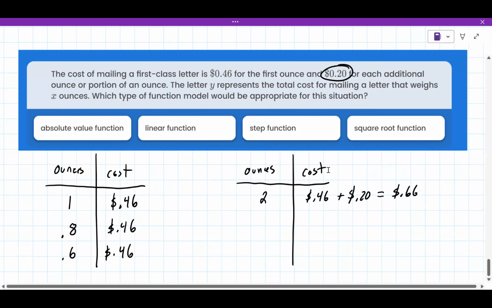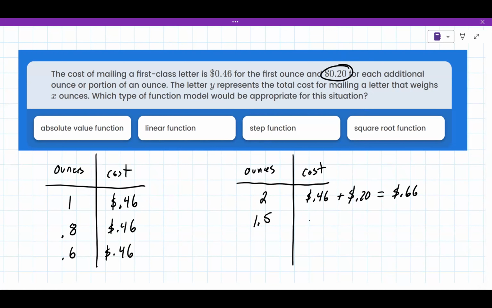Now, this is also important. Let's say you have a 1.5 ounce letter. The cost is 0.46 for the first ounce, but when it says any portion of an ounce, they're saying that because it's more than 1 ounce, you have to pay the cost of 2 ounces, even though you don't have 2 ounces.